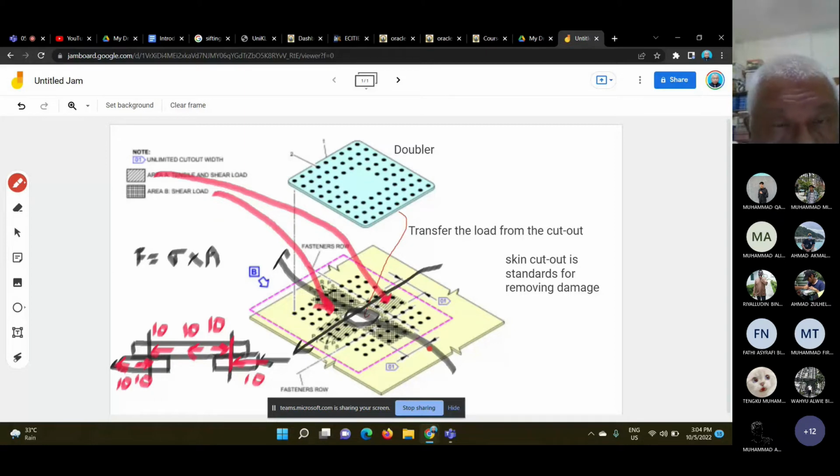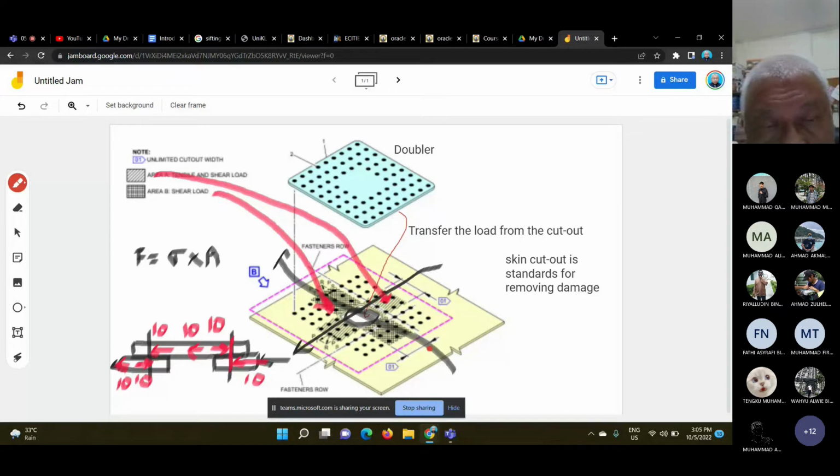This must be very clear to you, because if you understand this concept and this philosophy, then you have no problem. However, in the past, there are students who don't understand this, and I can see some put a doubler with no rivets.